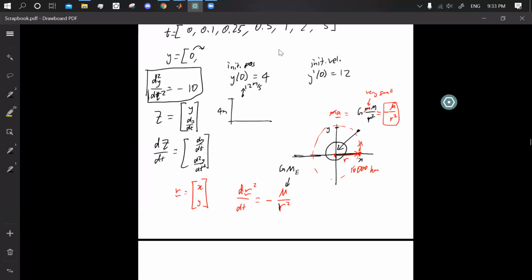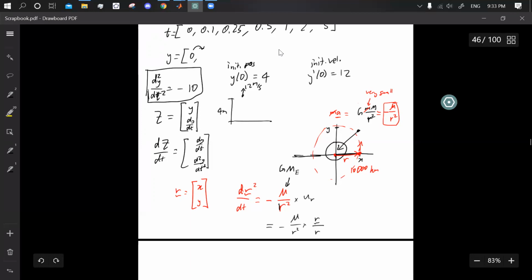r. But instead of taking r, it's actually the unit vector of r, so I'll call it unit r. The unit vector in r is r divided by its own length.